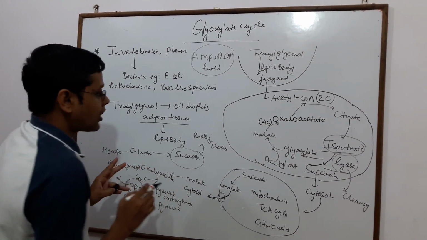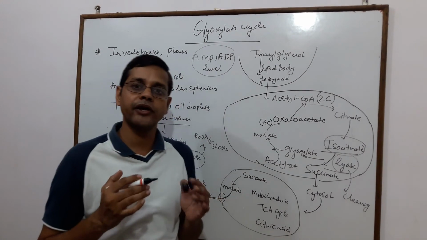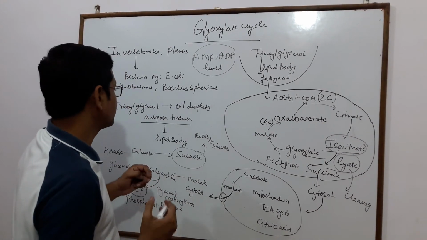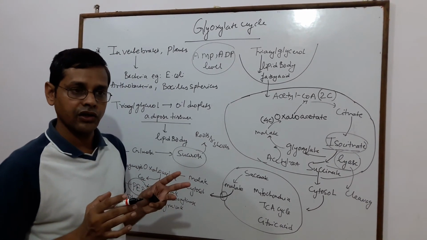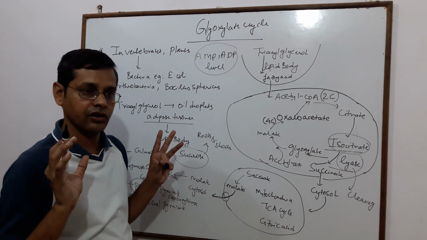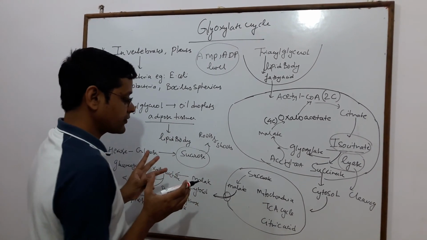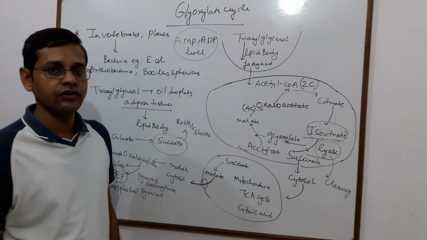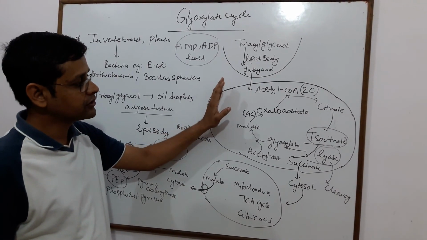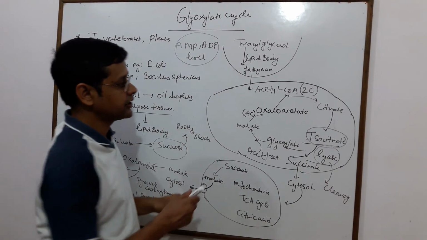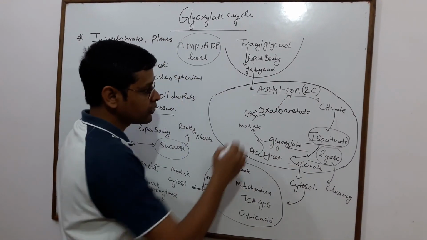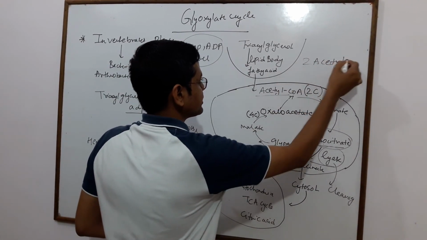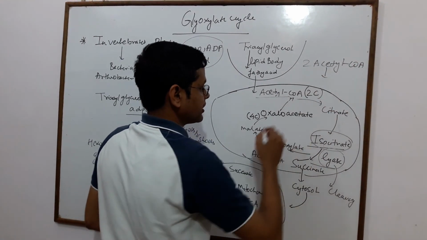In addition, in competitive exams like GATE and CSIR NET, the main precursor of this cycle is acetyl coenzyme A. If 2 moles of acetyl coenzyme A are produced from this fatty acid, then how many moles of succinate are produced?